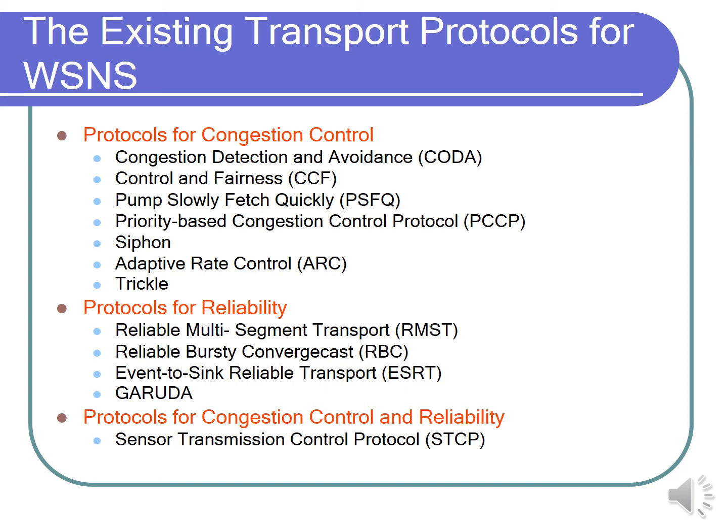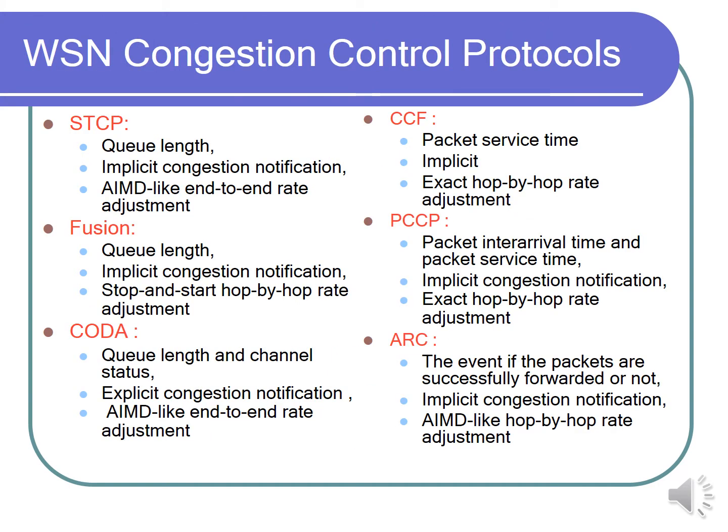Protocols for reliability include reliable multi-segment transport, then reliable bursty convergecast, event-to-sink reliable transport protocol, and Garuda. Protocols for congestion control and reliability include sensor transmission control protocol, STCP. Each and every protocol has its own strengths and weaknesses.